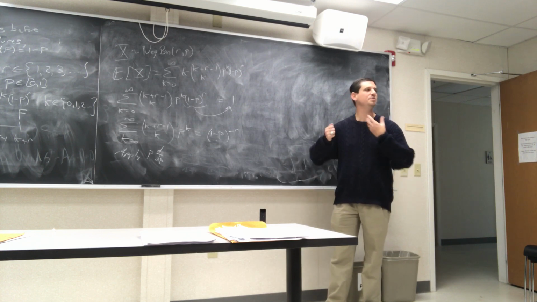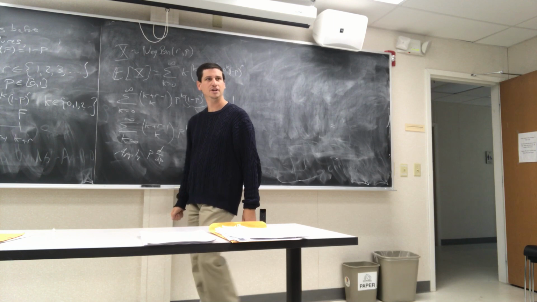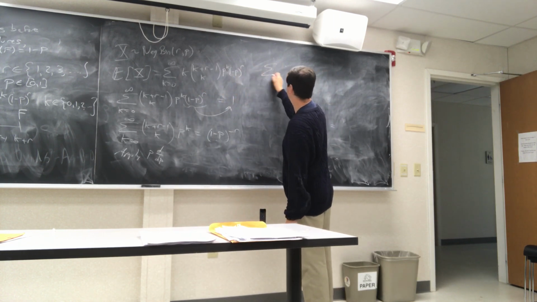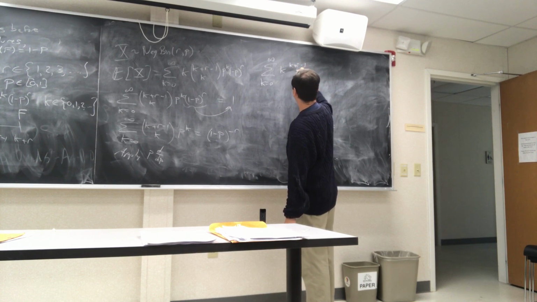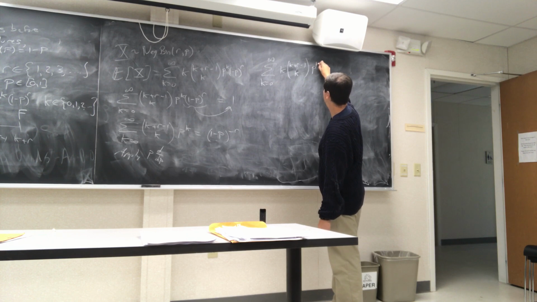Whenever you need anything to be rigorously justified, real analysis is almost always the answer. And so with real analysis, you can justify this, and now you get the sum, k goes from 0 to infinity, of (k plus r minus 1 choose k) p to the k is equal to p.